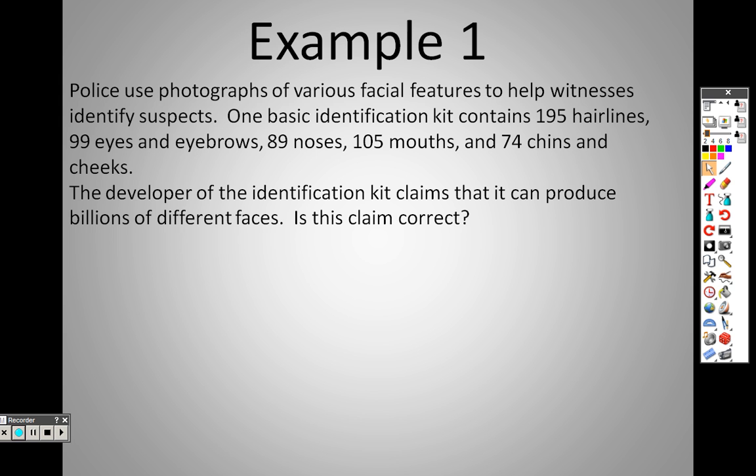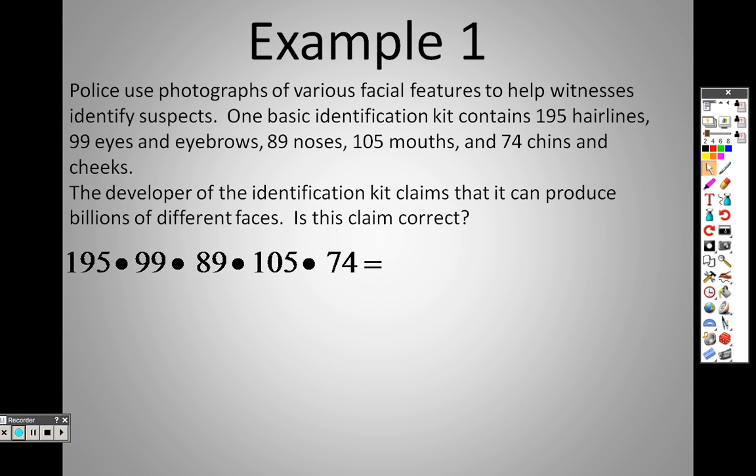Well, basically what we're saying is you have 195 different hairlines. We're going to use the fundamental counting principle. That's basically how you solve this problem. If you have 195 different hairlines and 99 different eyes and eyebrows and 89 different noses and 105 mouths and 74 chins and cheeks, basically what we're saying is I can choose any of those 195. I could choose any of those 99.